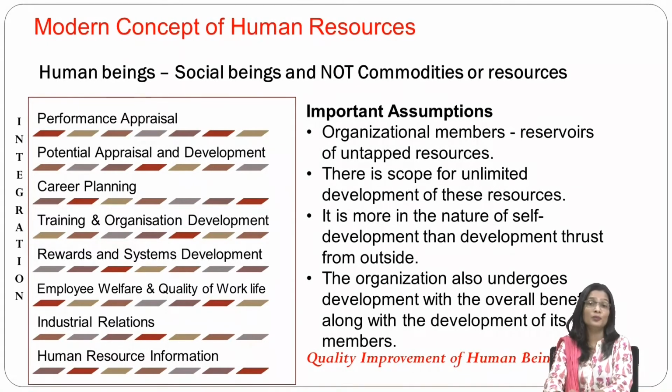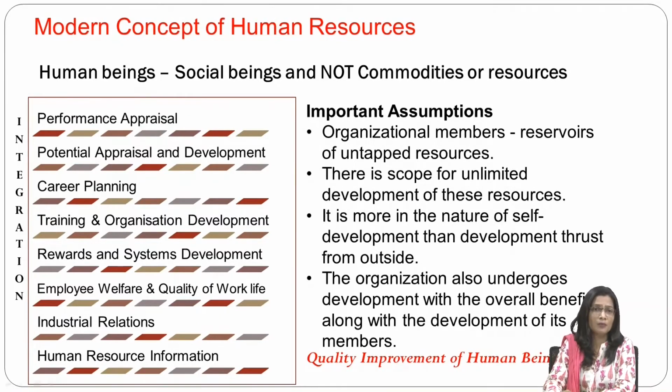So the modern human resource management concept talks about integration of various aspects that are related to HR. Now, the activities or aspects that are related to HR are performance appraisal, potential appraisal and development, career planning and development, training and organizational development, reward system of the organization, employee welfare and achieving work-life balance, industrial relations and human resource information system.